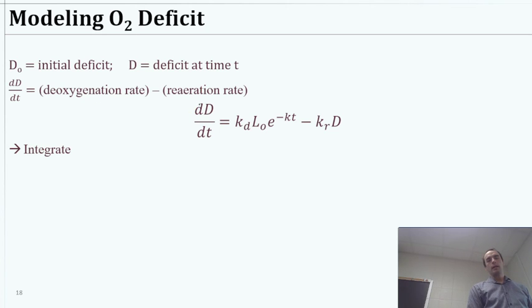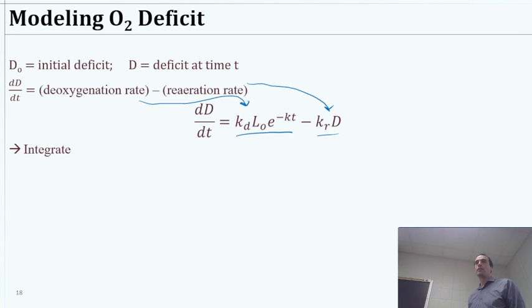And so that would look like this portion, which we talked about, that's the deoxygenation, depends on the ultimate BOD there, minus that Kr times D, that was the deficit, right? So this is straight from where we just were. That will give us a combined rate equation, like the net stuff that happens to the deficit. Turns out it's a little bit easier to look at the deficit than it is to look at the straight up dissolved oxygen. So now all we have to do is integrate that.